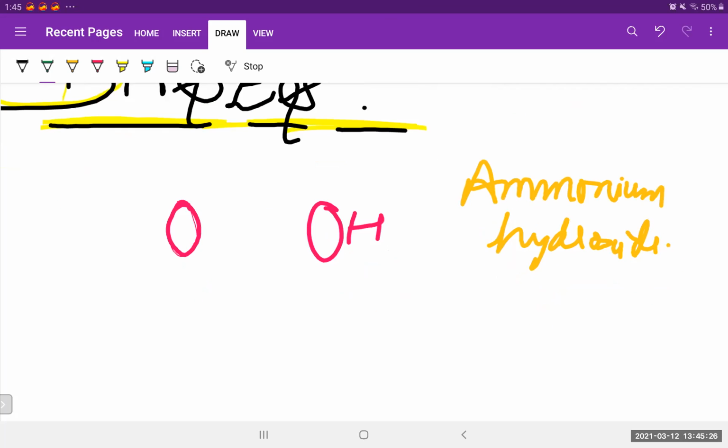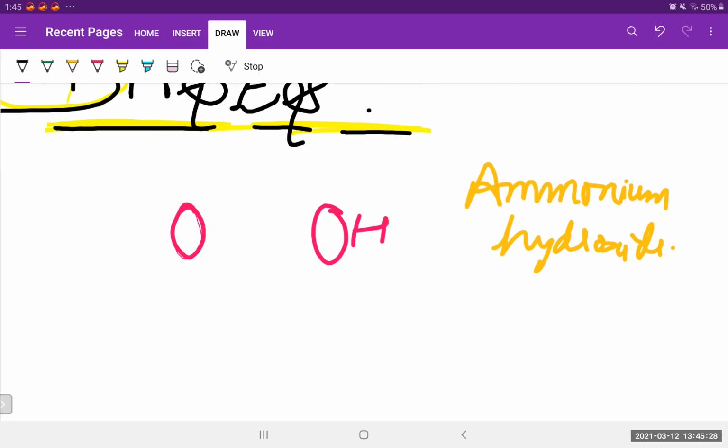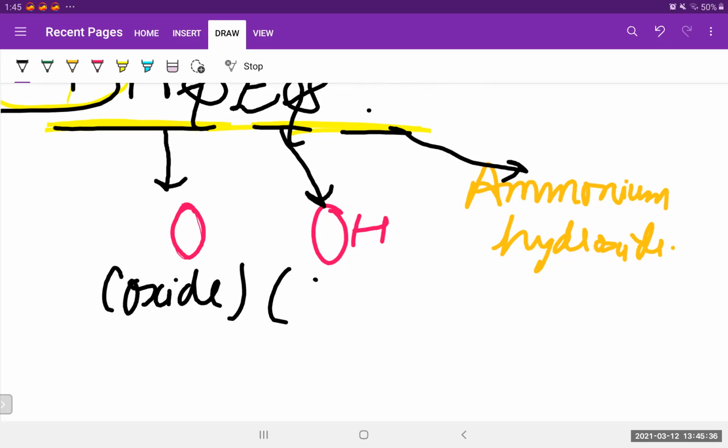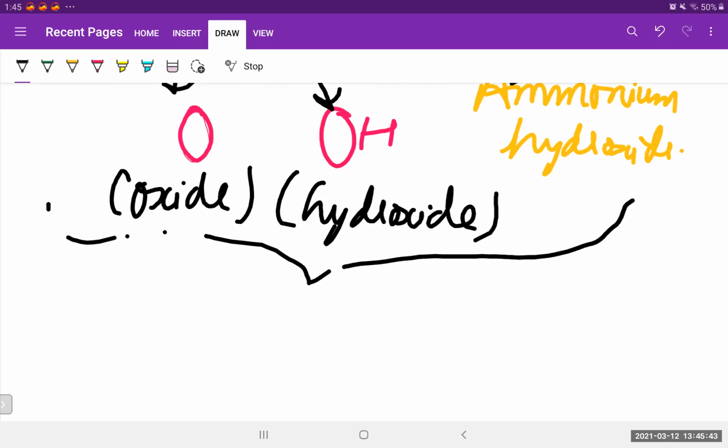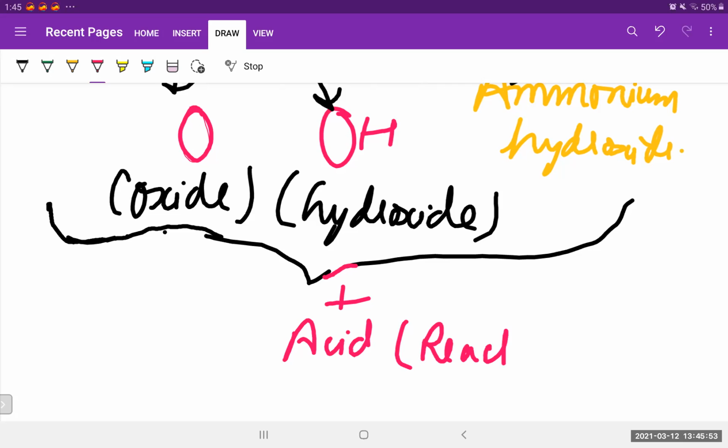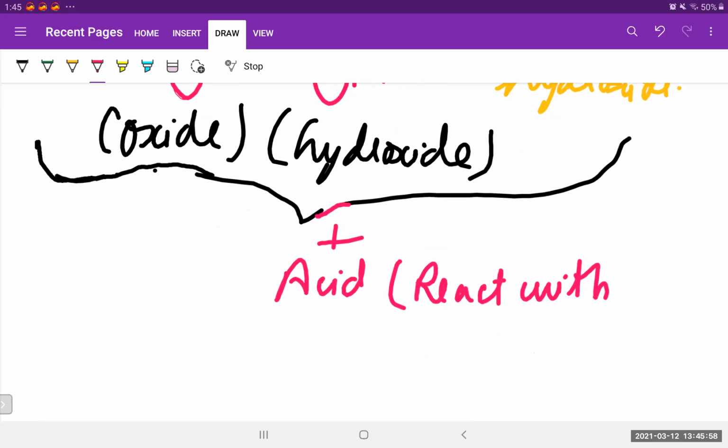Okay, so bases are what? I'll just make a flow chart. Bases are either oxide, hydroxide, or ammonium hydroxide, and all of these, when they are reacted with an acid, actually react with the hydronium ion. We all know that an acid has a positively charged hydrogen ion, isn't it?